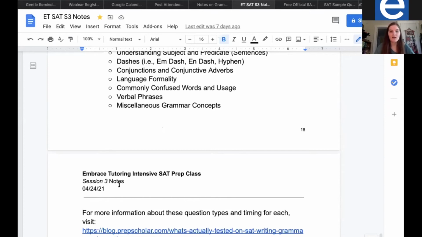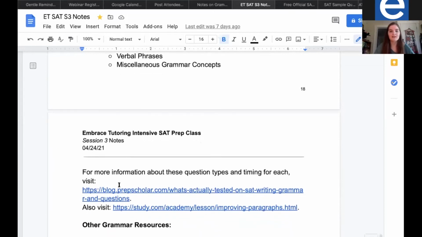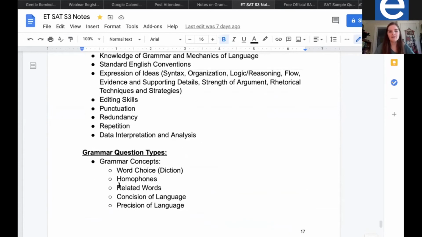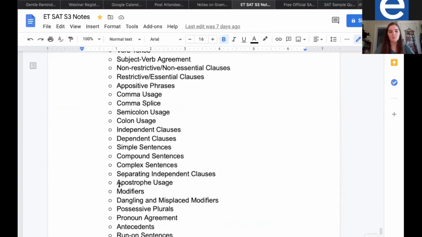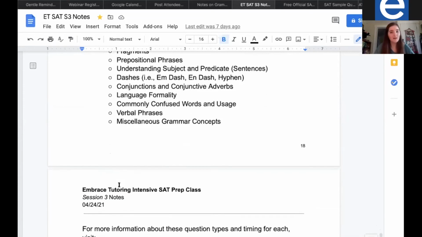Conjunctions and conjunctive adverbs, language formality, commonly confused words and usage, verbal phrases, miscellaneous grammar concepts. So even though I've given you a pretty extensive list of what they commonly focus on in terms of grammar, there are still going to be grammar concepts that they may throw at you that are not on this list, okay? Because grammar is a very broad topic, okay?